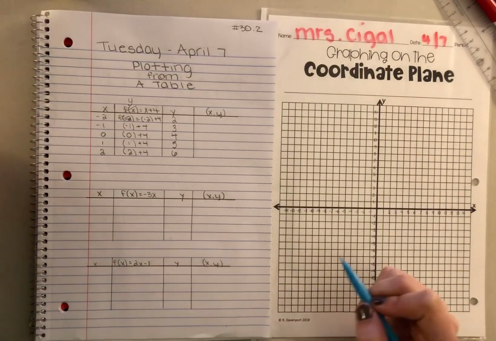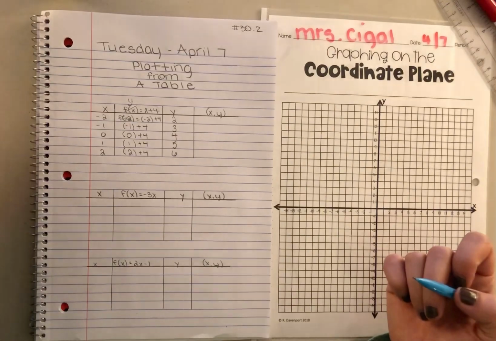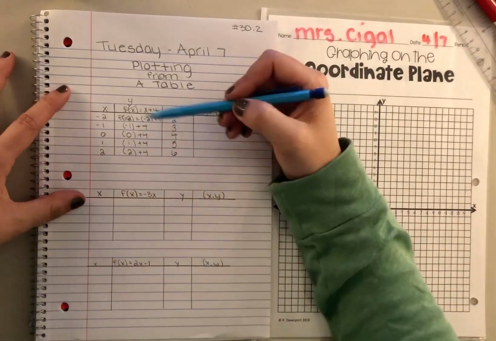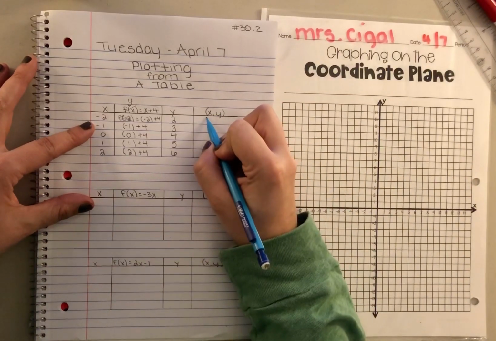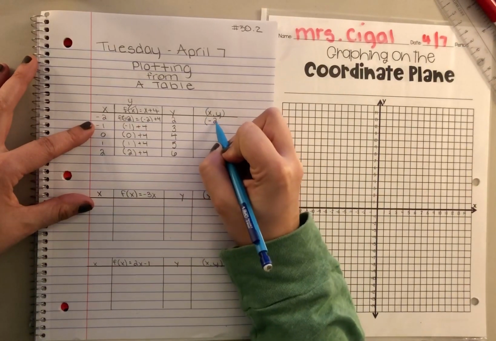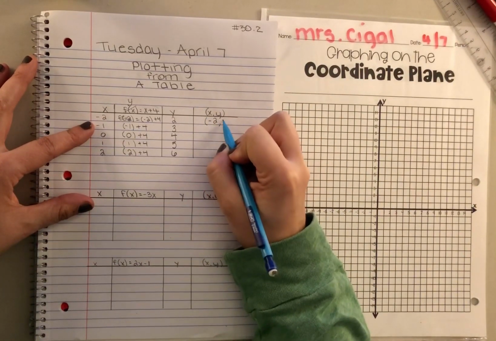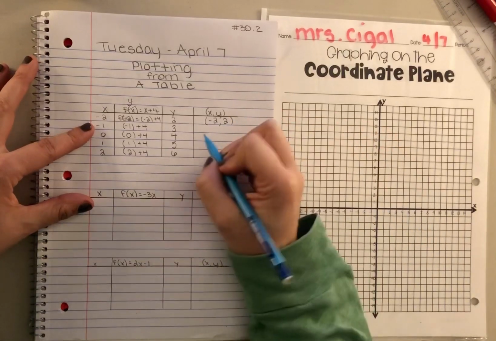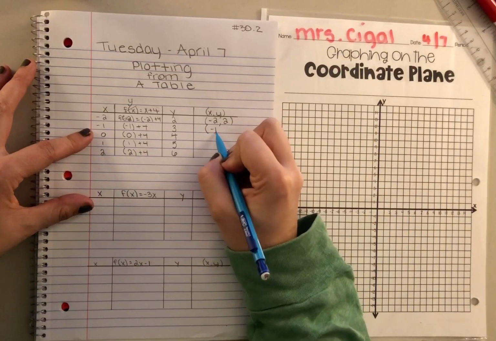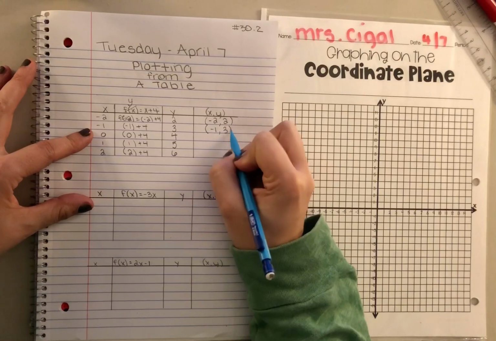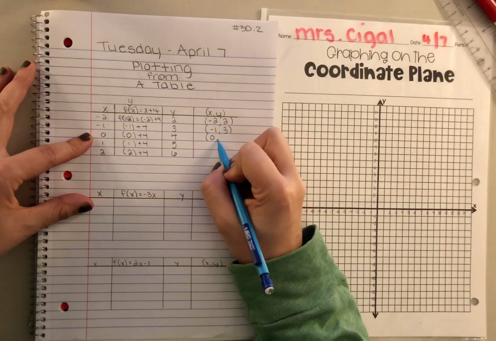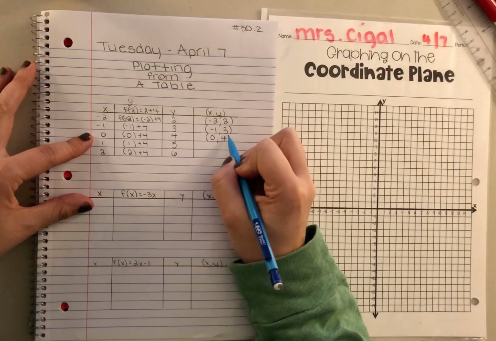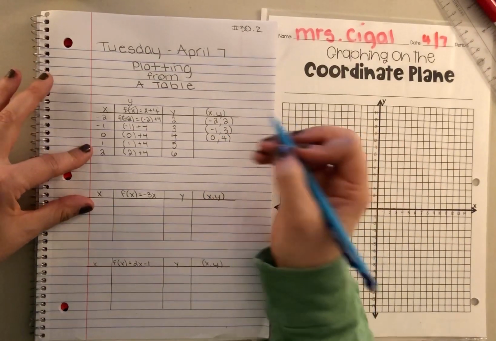So when we did this yesterday, we were done. We're just going to take this one step further. I want you to look at your x value and your y value and just write it as an ordered pair. So when x was -2, the y value was +2. When the x was -1, the y was 3. When the x value that we plugged in was 0, the y value was 4.